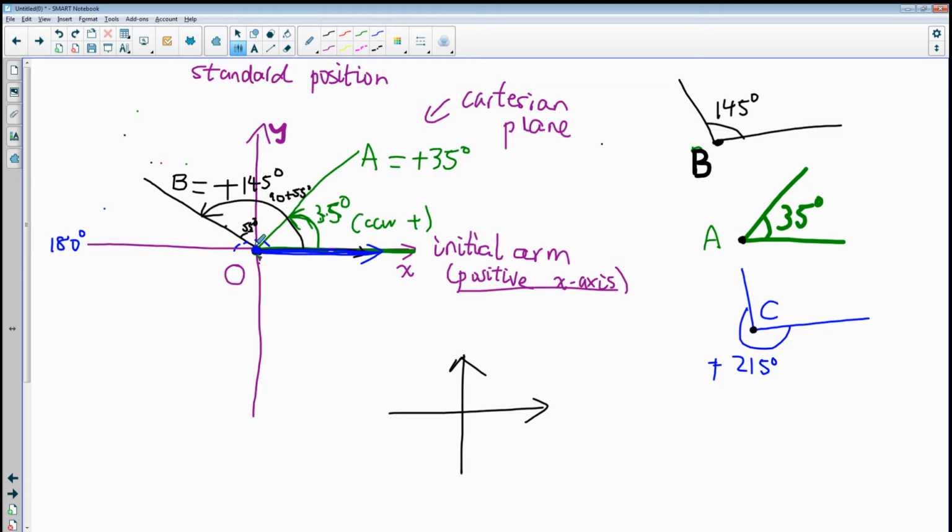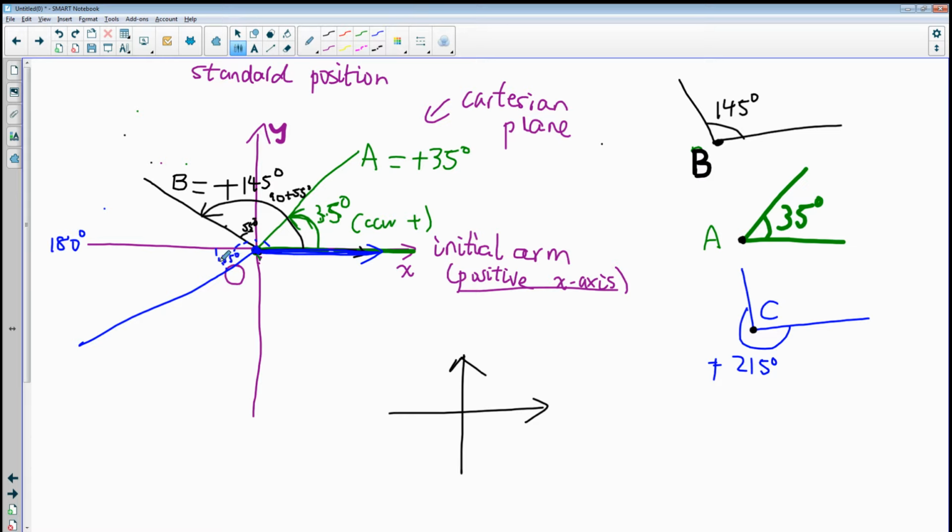Of course, 215 is 180 plus 35. So remember, positive is counterclockwise, so we need to go more this way by 35 degrees, right? Oh, I should have used a dotted version. So here we go. Of course, this tiny amount is 35 degrees.